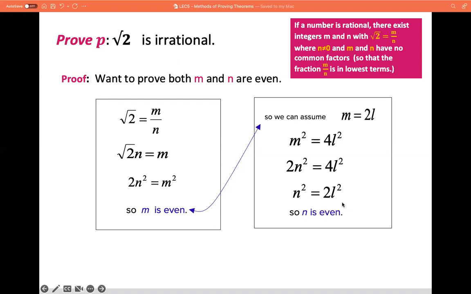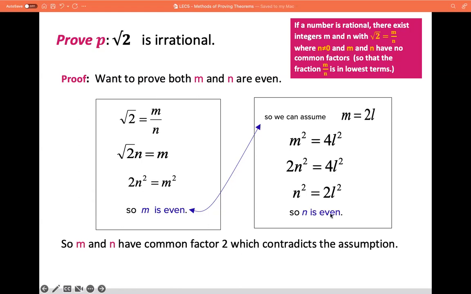And as you can see, it has a factor of 2. It is divisible by 2. So we can see that n is also even. So we have proven here that m and n are both even. Having them as even, they have a common factor 2, which contradicts the assumption.